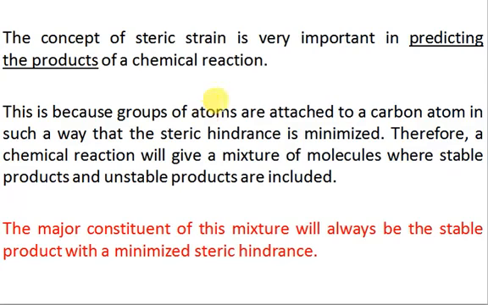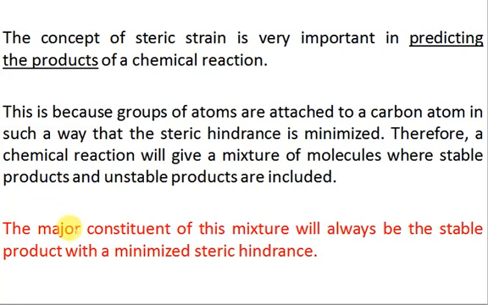Steric strain is an important concept because by seeing the structure we can see if it is hindered or not, so we can predict which product will be major. A product with maximum stability and minimum steric hindrance will be the major product, while the product with maximum steric hindrance will be least stable and will be the minor product, right?